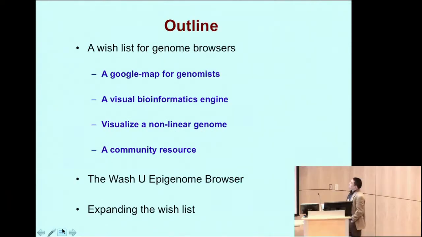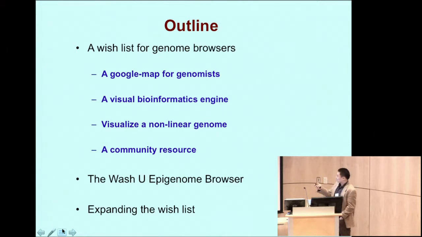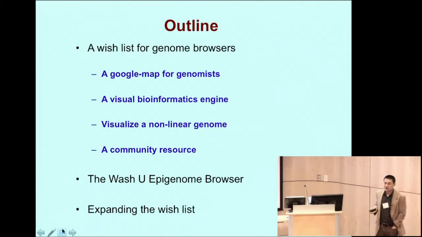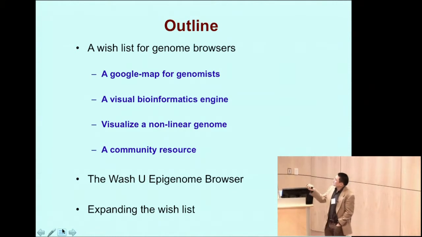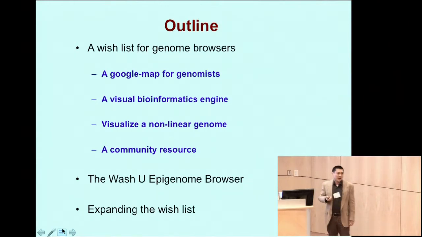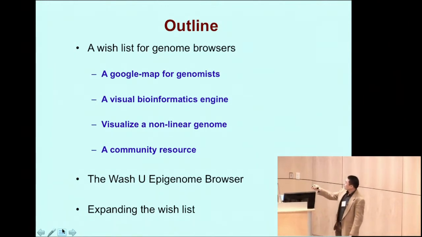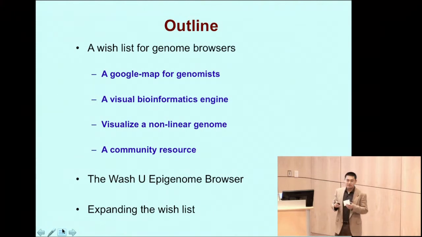What I'm going to talk about today is mainly what a Genome Browser is and what's beyond the Genome Browser. That's the theme of the session. I'm going to discuss a wish list of what we want Genome Browsers to do. We want a Genome Browser to work like a Google Map. We want it to work as a bioinformatic engine, to not only show us the data but also do analysis.